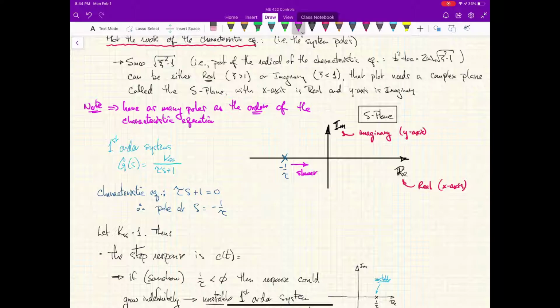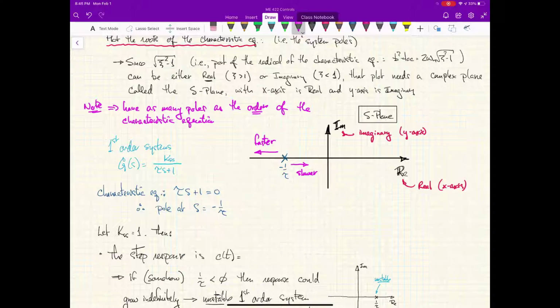The slower it's going to take for my first order system to reach steady state. The further out to the left I am on my S-plane, then the faster the response of my system is going to be to a step change.